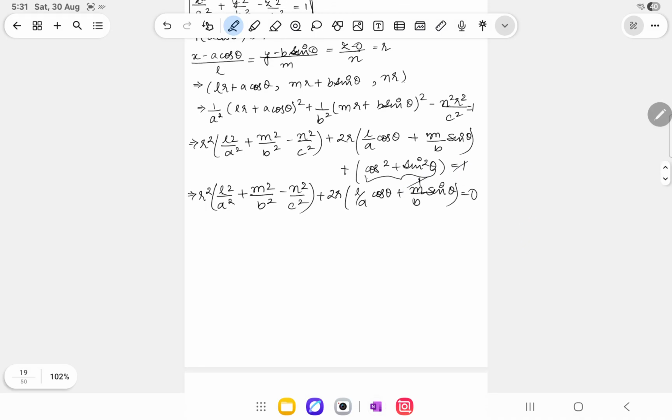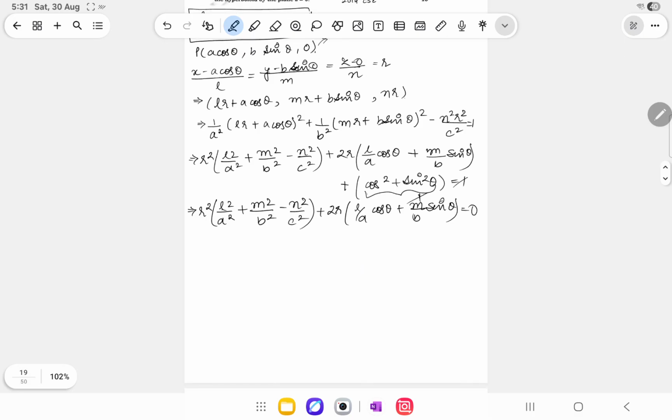So I got this as a relation, but it is given that this line is acting as a generator, so any arbitrary point on the line will satisfy this for all values of r. So from here I'll be getting l square by a square plus m square by b square minus n square by c square is equal to 0, and l by a cos theta plus m by b sin theta is equal to 0.